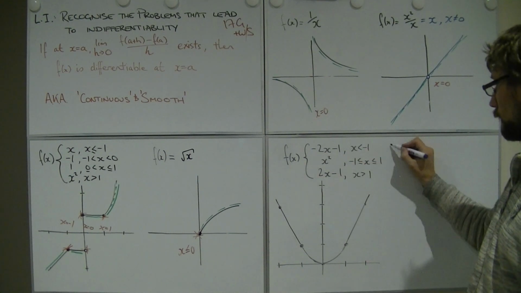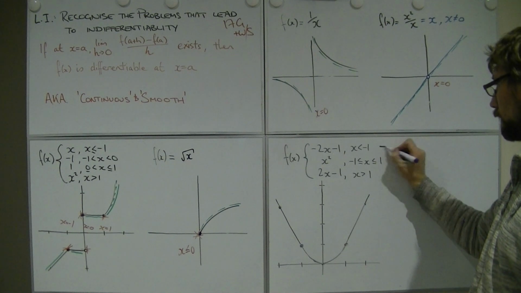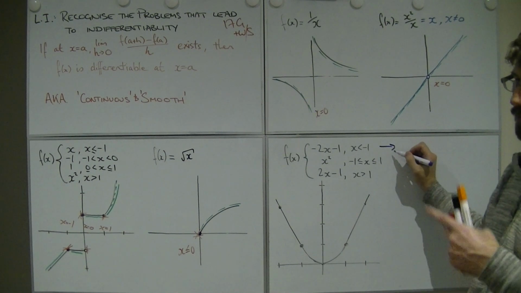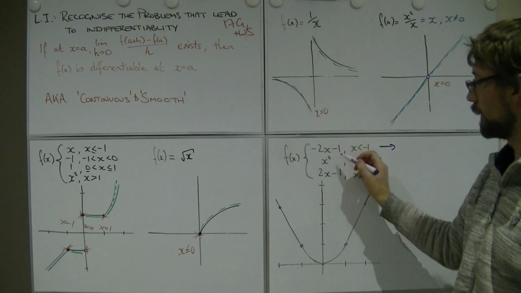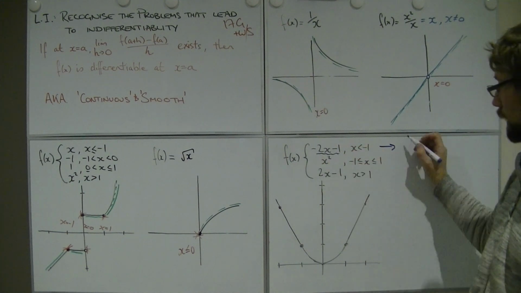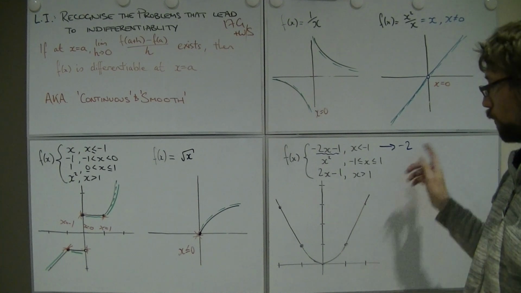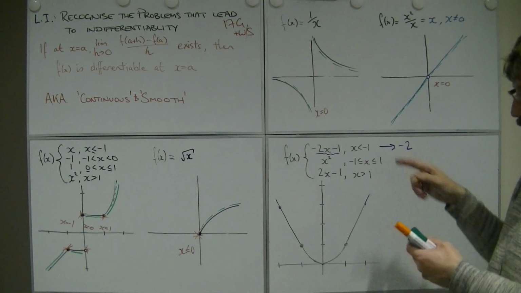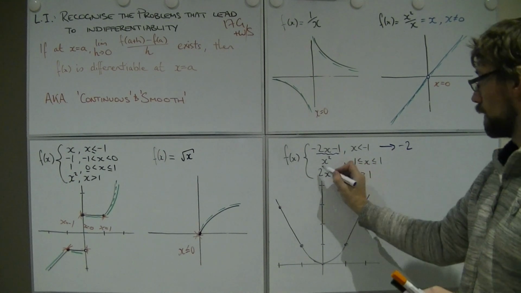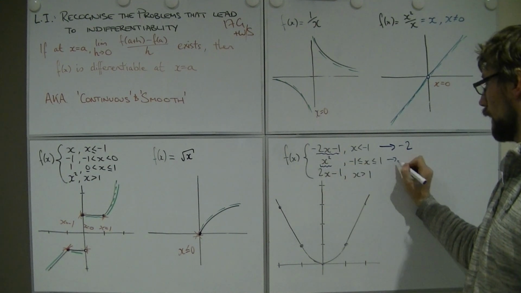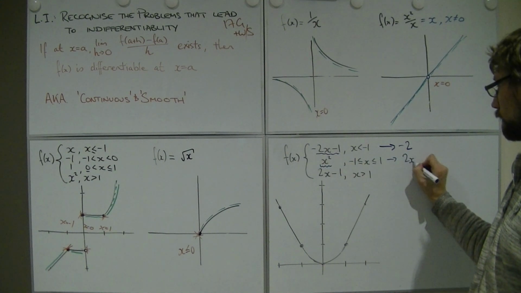So derivative of this, so this part, I'm just going to do this arrow, I'm going to say means derive this part. In fact, we'll do this in purple there. So the derivative of that, hopefully, very obviously, is -2. Cool, when x is -1, it's still -2. That's fine. What about this guy? When he derives, I get 2x.